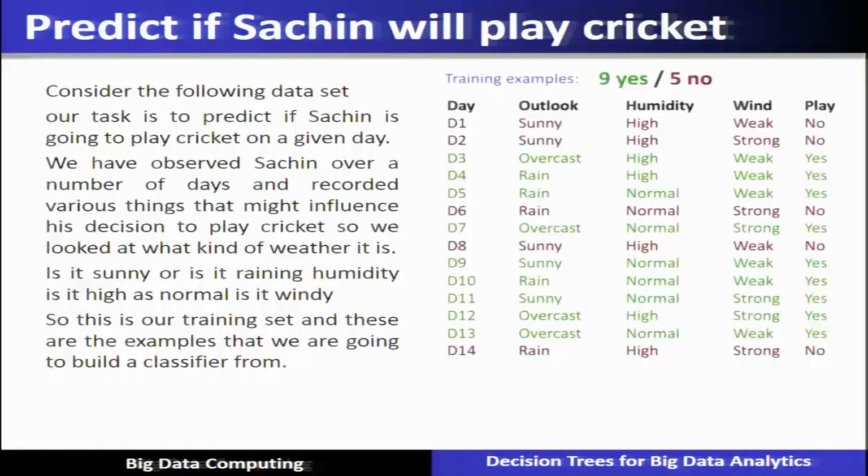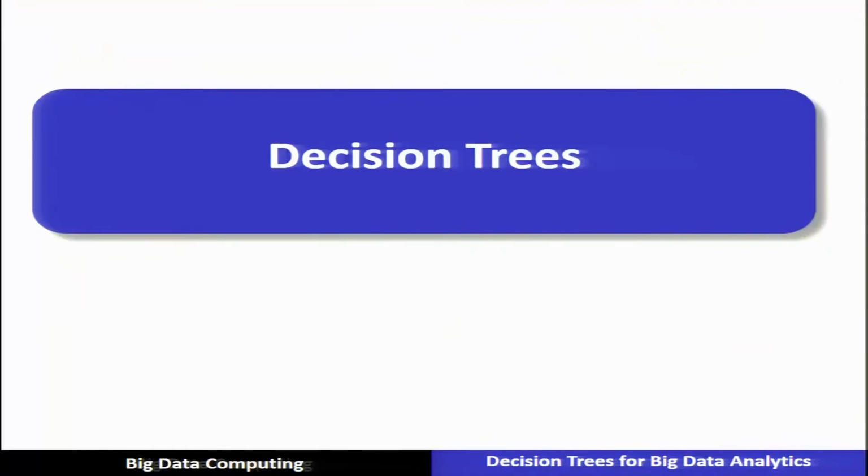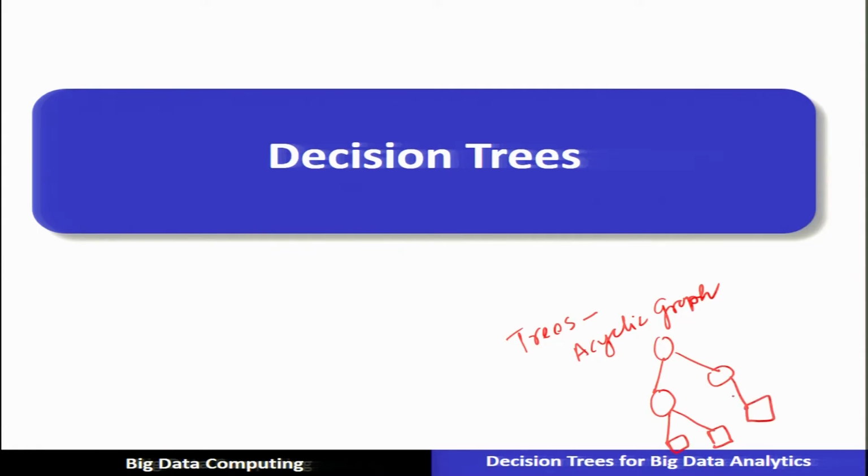So, a decision tree is a tree, which is nothing but an acyclic graph, which has the root node and other nodes. This is called the root node of a tree, and these are called internal nodes of a tree, and this is called the leaf.